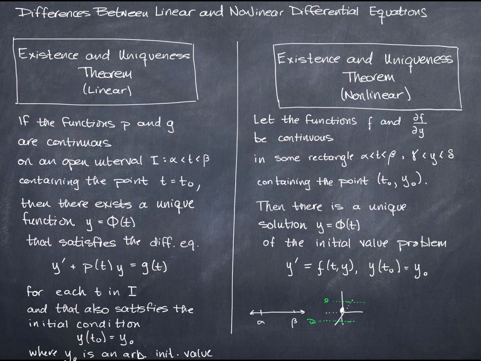And y goes from, we have gamma and delta. There's gamma, there's delta. And what we end up with then is a rectangle between alpha and beta, not including alpha and beta, and between delta and gamma, not including delta and gamma.